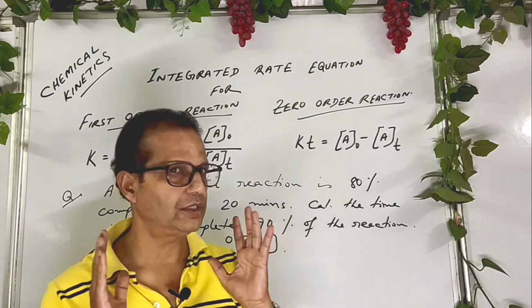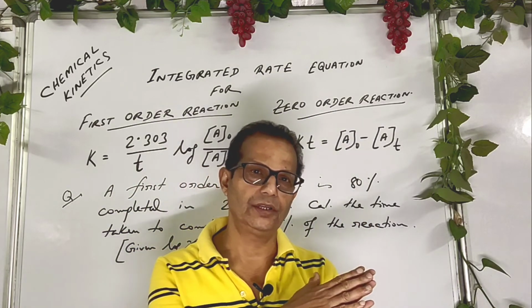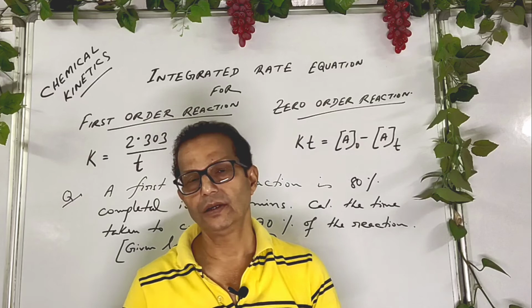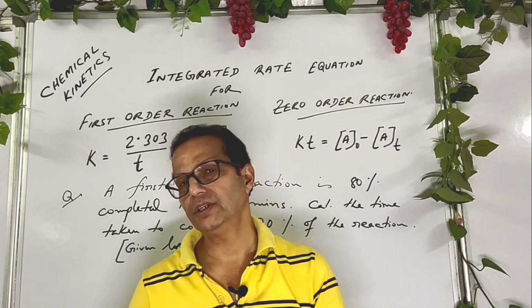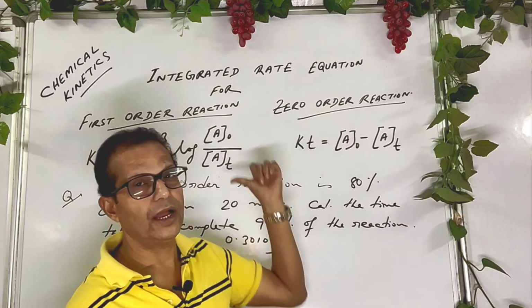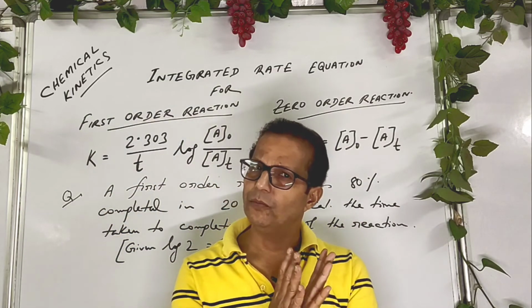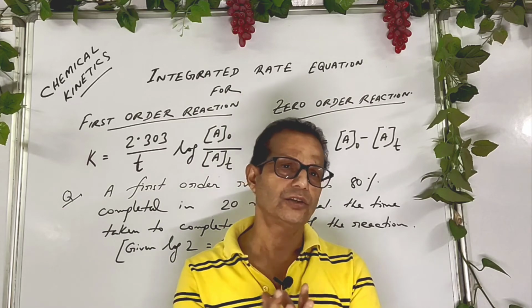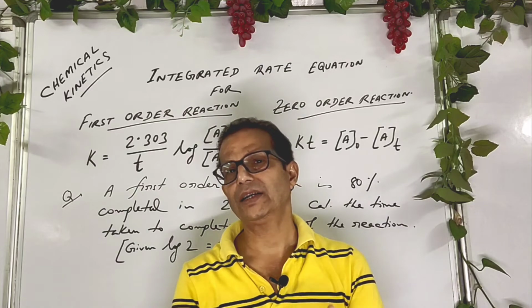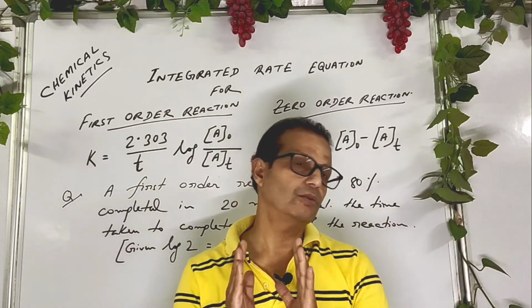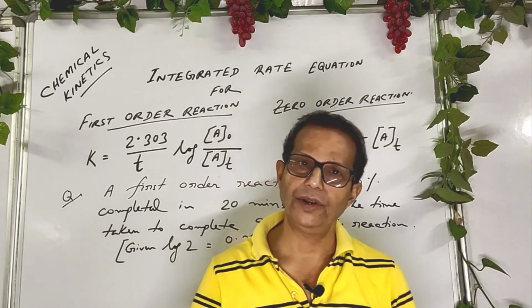For example, say 80% of the reaction is completed. So remember it, whenever percentage is given, always consider the initial concentration as 100. If 80% of the reaction is consumed, 80% amount of the reactant is finished, so what is remaining? 100 minus 80, that is 20.